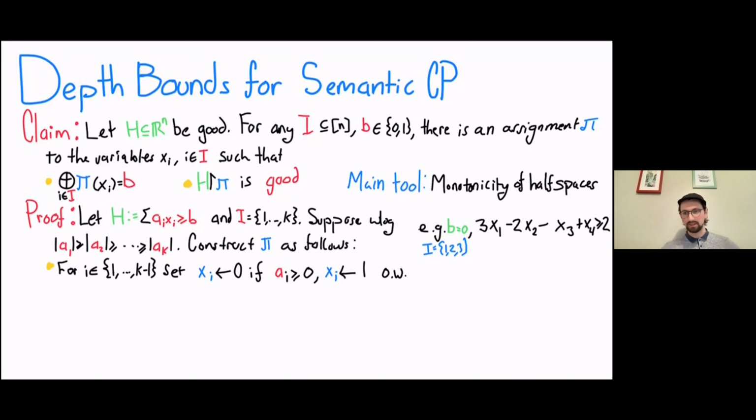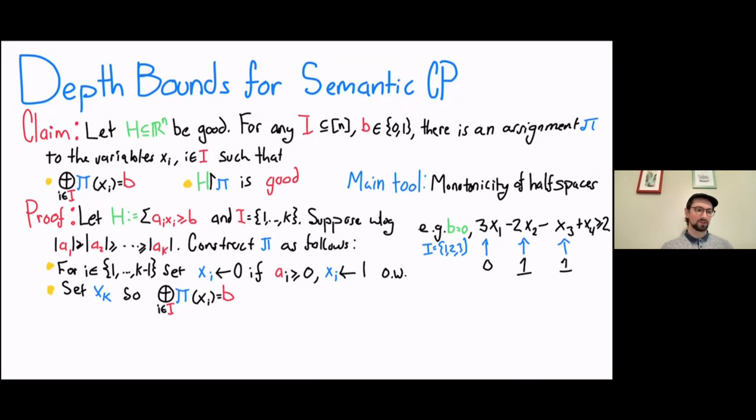So this decreases the value of the half space. It'll make it easier to falsify. So here in my example, I've set the first one to be 0, the second one to be 1. And then for the last bit, I just set it to be equal to the parity, like that. And x4 is never going to be set.